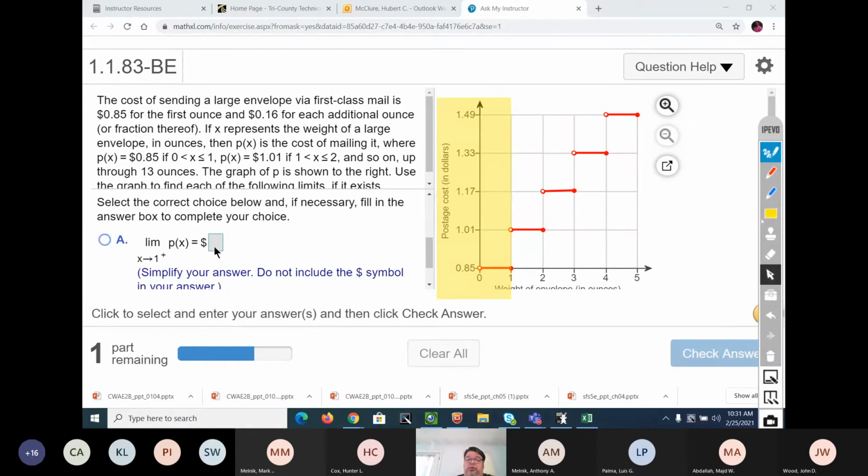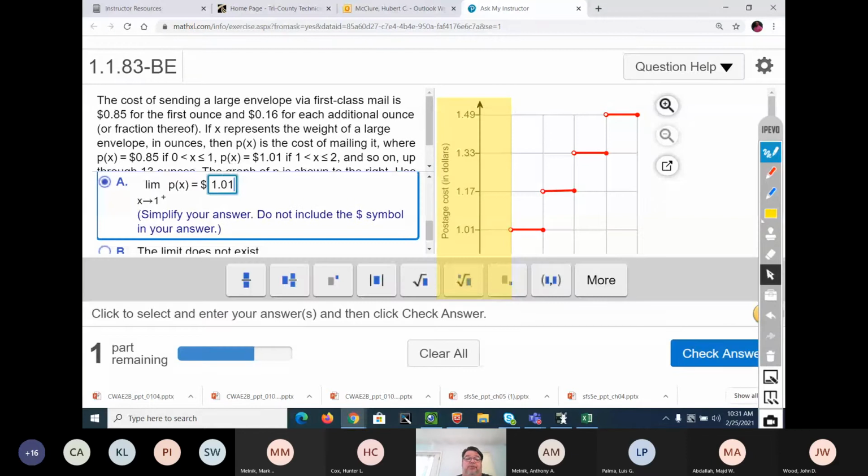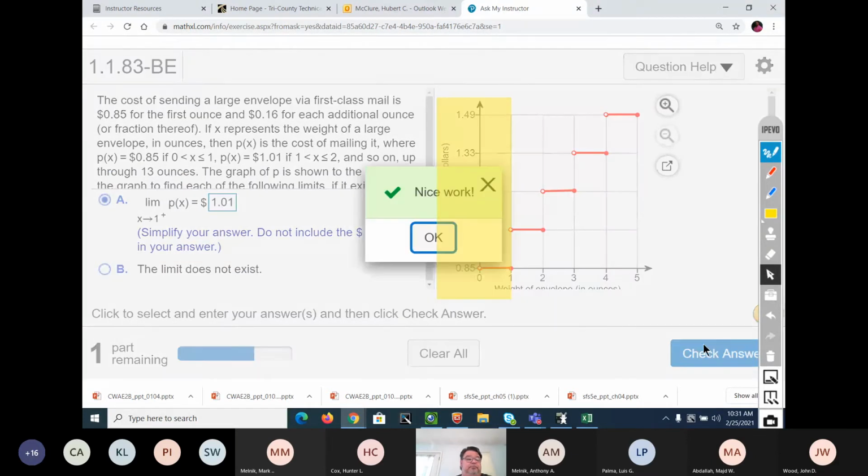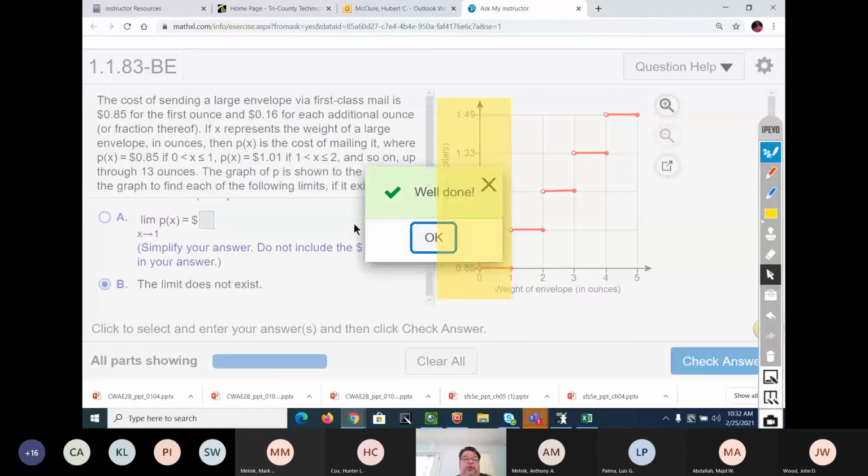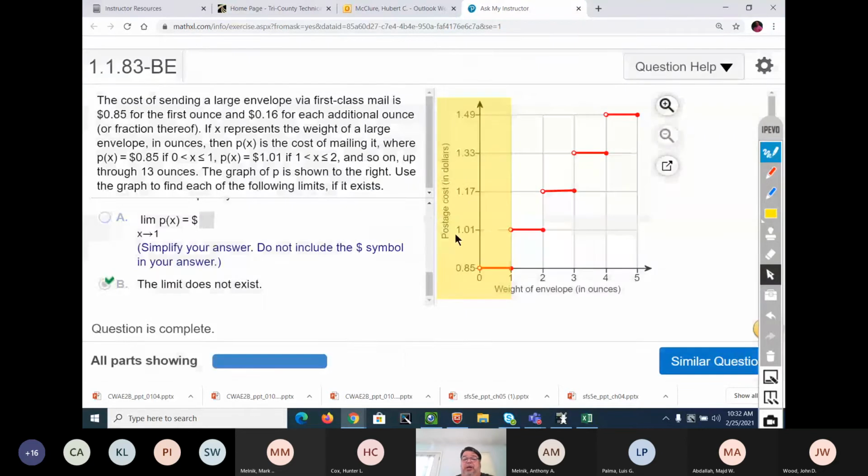They don't equal each other, so therefore the limit does not what? Does not exist. Even though it's a good test question as far as what they're asking, I don't like piecewise functions, so I probably will not give you a piecewise function, but I may give you another function that asks the same type of question.